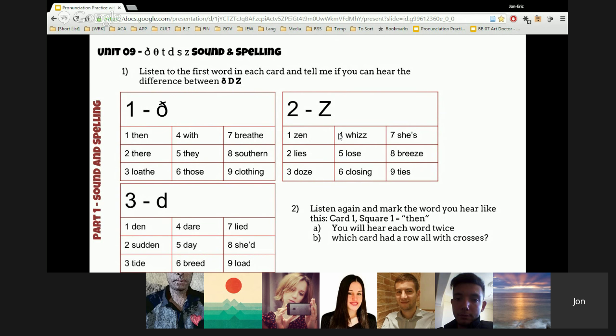Good. Because if you don't vibrate your vocal cords, it'll sound like the other sound, the th sound, like thin. But it's not thin, it's southern. Okay? That's it. Very good. Okay, let's try maybe one more here. Who did I miss? Marco. Let's try, for you, card 2, square 6.